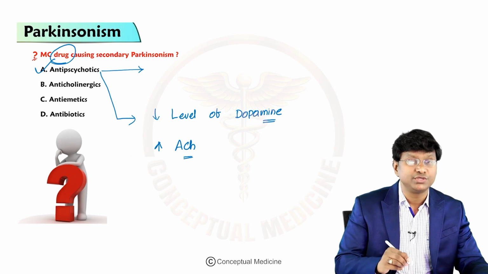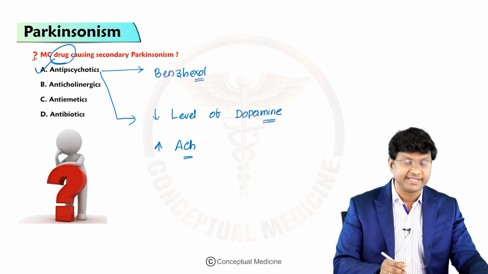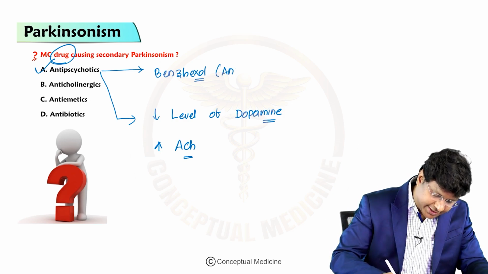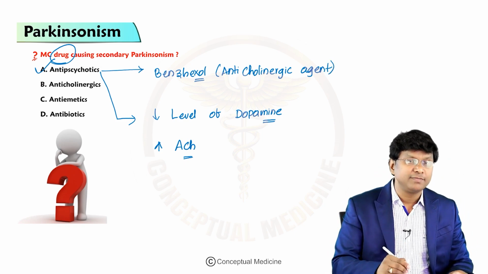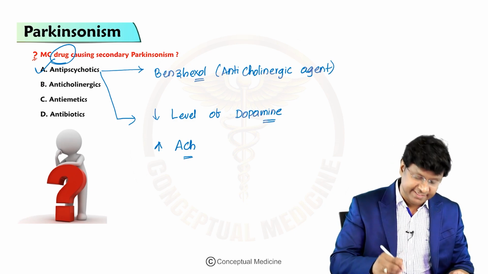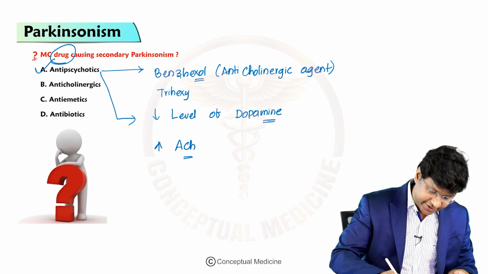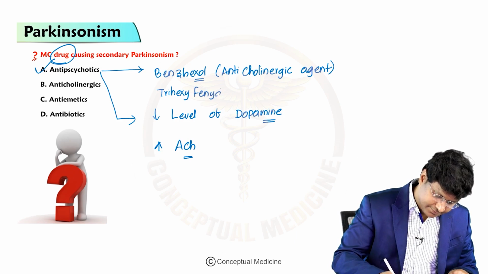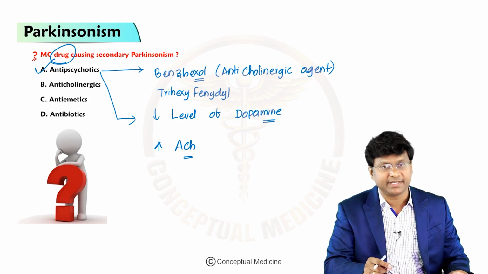The treatment is you need to give benzexol, which is an anticholinergic agent. And followed by this benzexol, the other drug is trihexyphenidyl. So these are the drugs that are given in the treatment of drug-induced Parkinsonism.